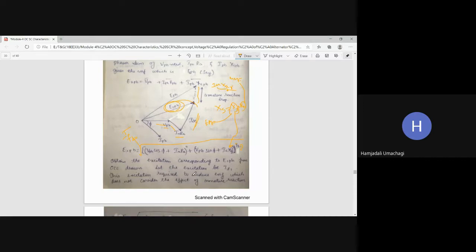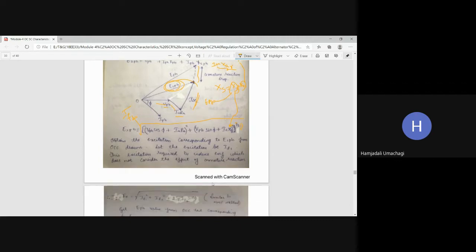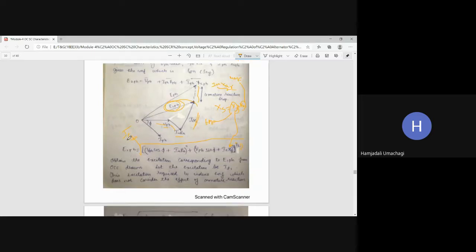This excitation is required to induce the EMF, which does not consider the effect of armature reaction. So this excitation IF1 is completely the excitation which is required to produce the rated voltage, and it is free from the MMF which is counterbalancing the armature reaction effect. So for this E1 phase, get the corresponding excitation from the OCC.